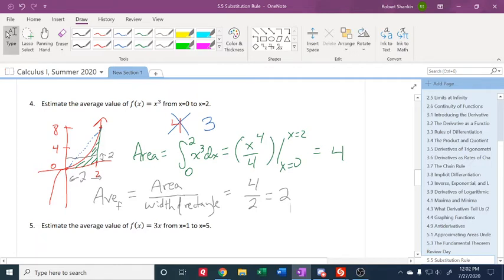Alright, to see how well you understood this, I have another problem. Number 5. Doing the same thing. Estimate the average value of f of x equals 3x from x equals 1 to x equals 5. So go ahead and do number 5. Now there's actually a couple different ways you could do number 5. And if you can find one of the ways or both, that'd be great.